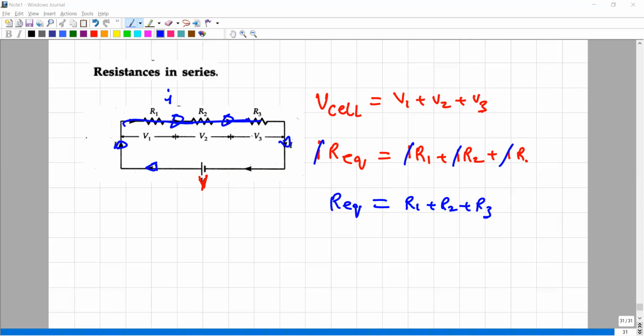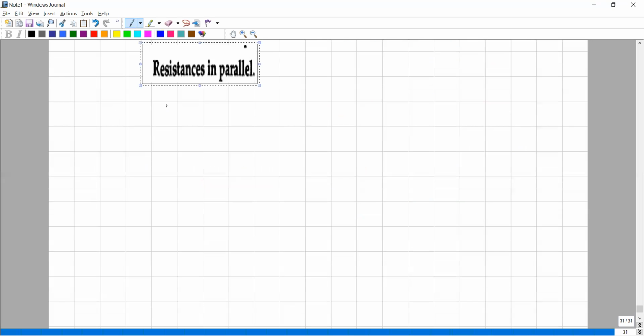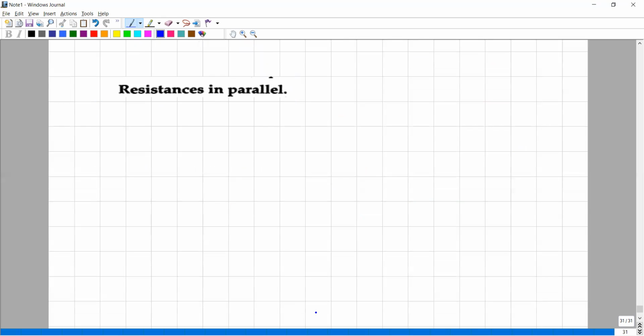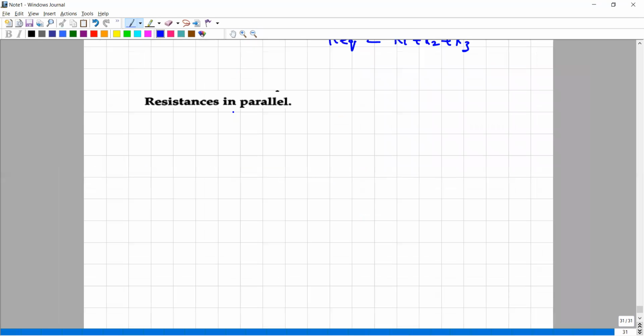Now, resistance in parallel, again very simple. We can identify it if the resistances are connected across the same common point. If the resistances are connected across the same common point, then that will be resistance in parallel.